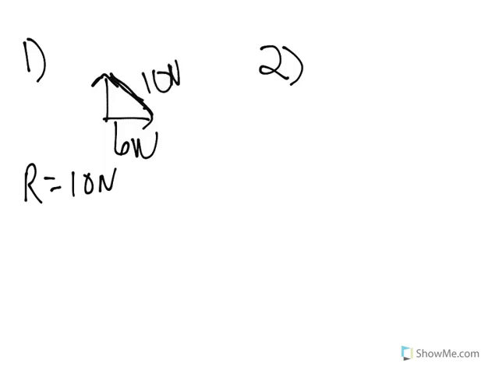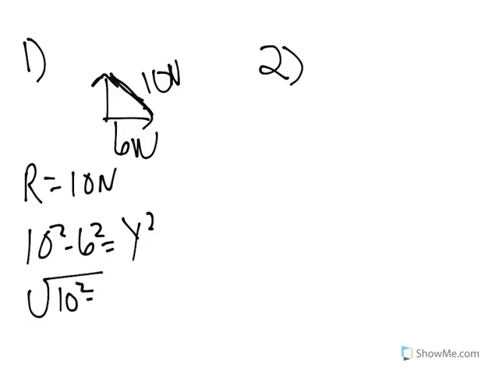So the way we do this is we would just do 10 squared minus 6 squared equals whatever the other part is. We'll call it y in this case just because that's the one that I left blank. And so we would get the square root of 10 squared minus 6 squared, which is 8. And so the answer should be 8 newtons.